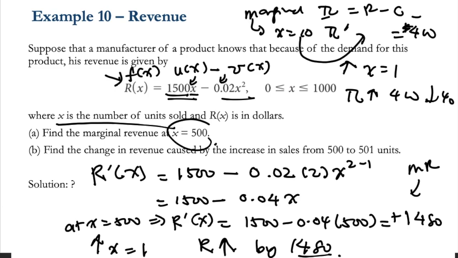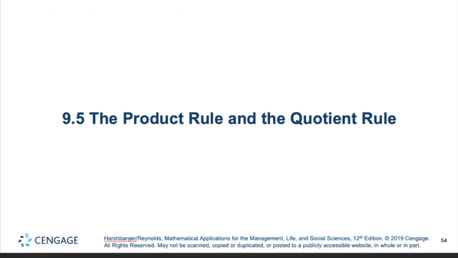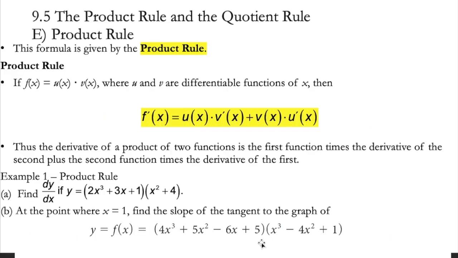And then next we continue with the product rule and also the quotient rule. Let's look at the product rule first. The product rule is that if we have a generic function f(x) equal to u(x) multiplied by v(x), it means within f(x) you have two explicit functions, u(x) and v(x), where u and v are differentiable with respect to x.